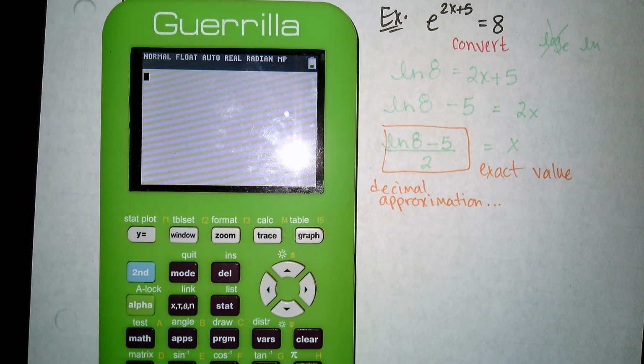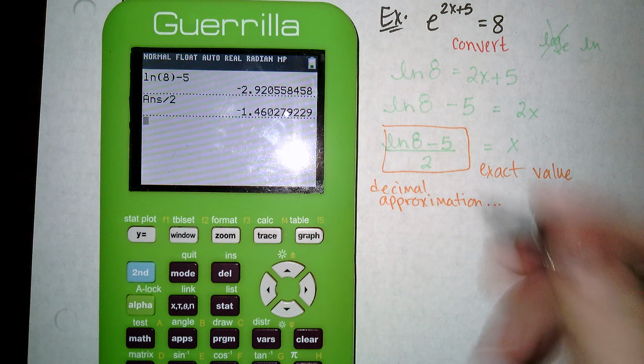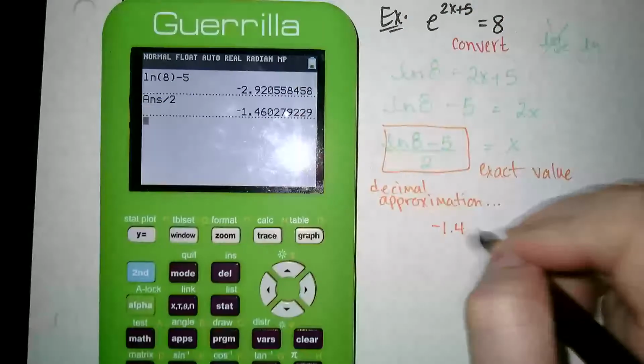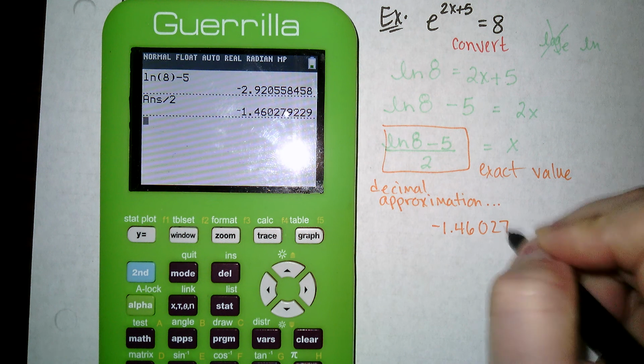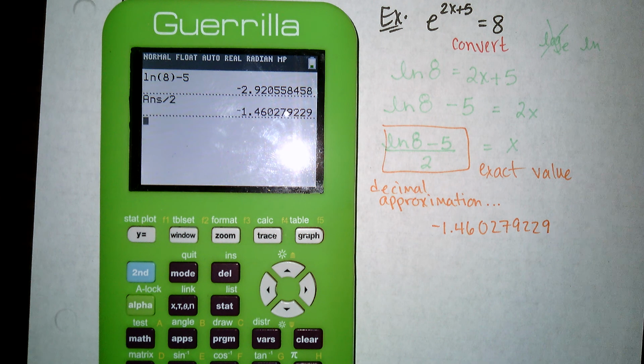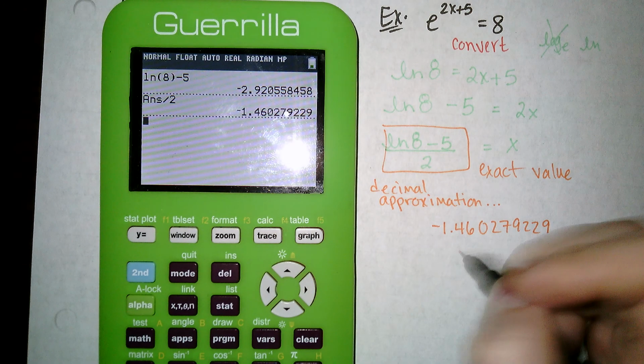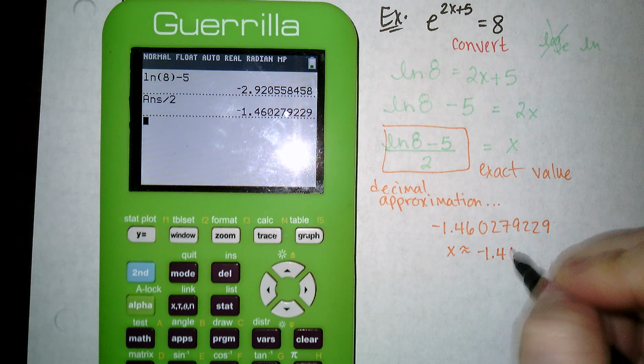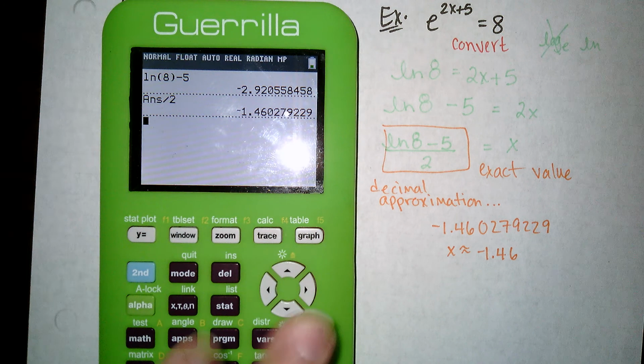Natural log is next door to the 4. So the natural log of 8, close that parenthesis off, and then subtract 5, and then divide that result by 2. So what we get from the calculator is negative 1.4602799229, and then whatever they ask you to answer to. So if they ask you for 2 decimal places, like negative 1.46.